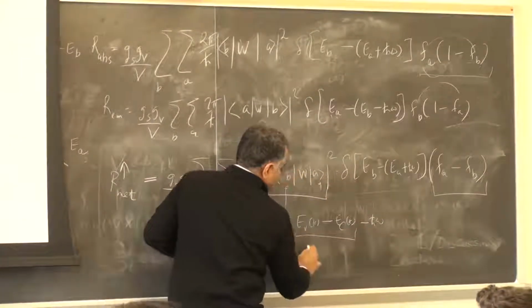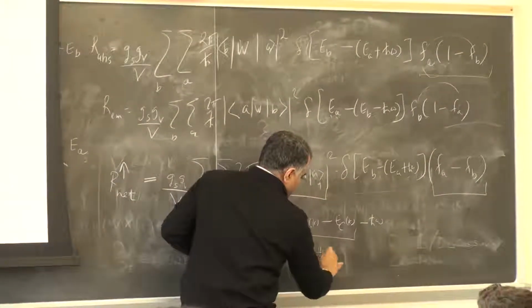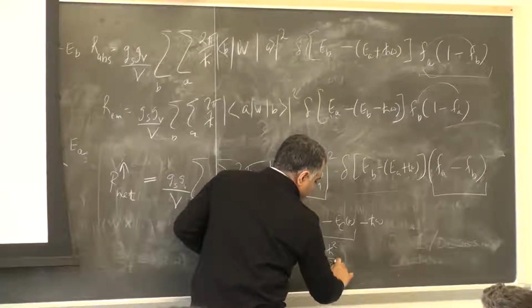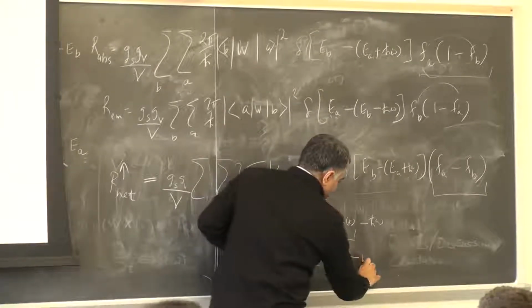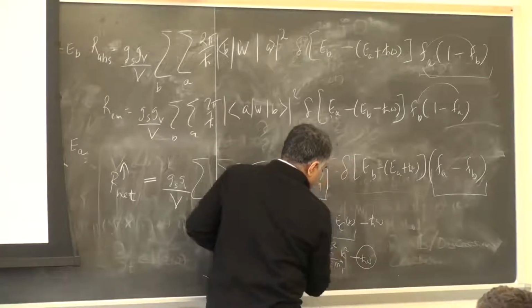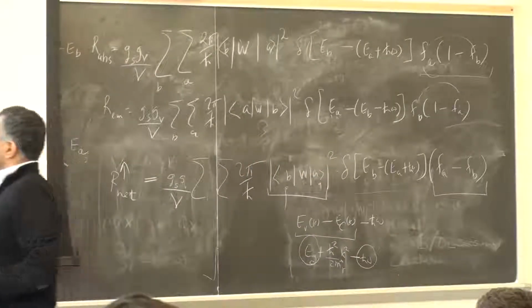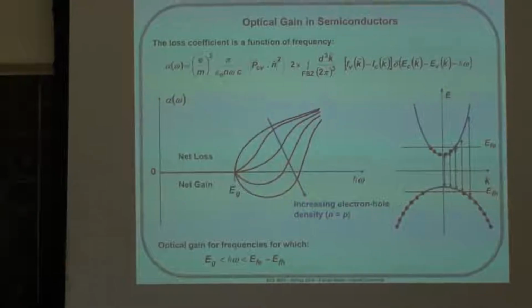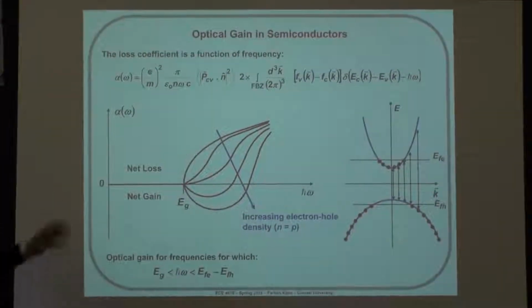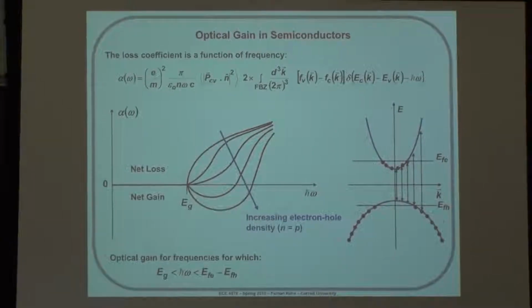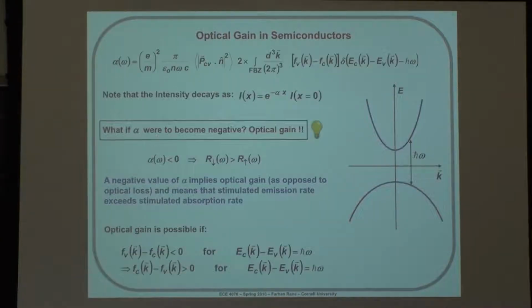This difference is basically just the gap plus h bar squared k squared over twice m star reduced, minus h bar omega. So h bar omega and EG combine and give you this term here in the band gap.